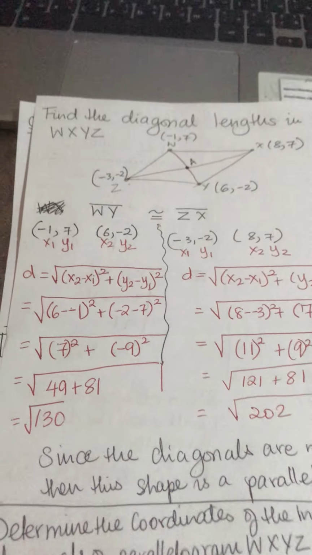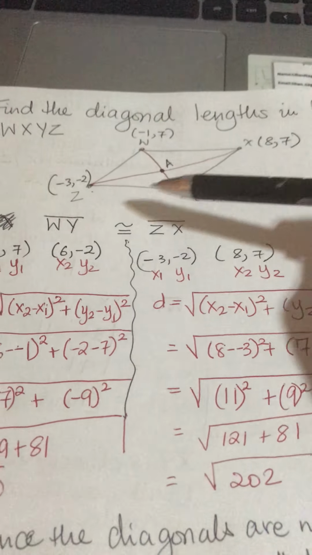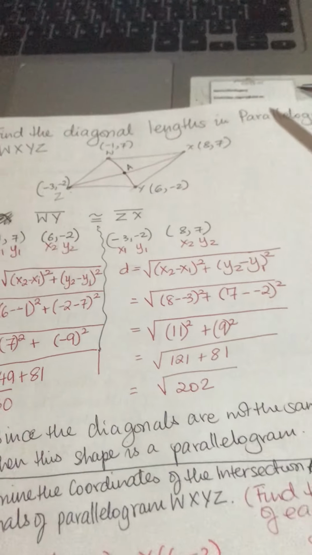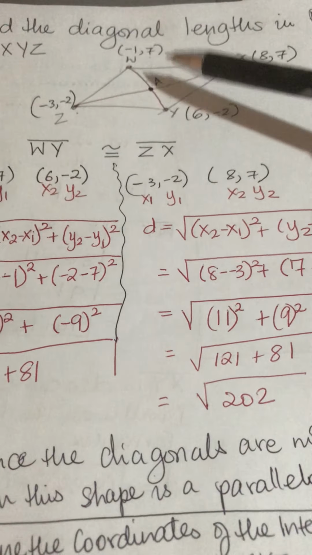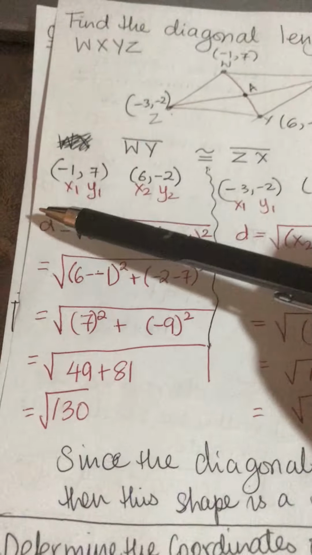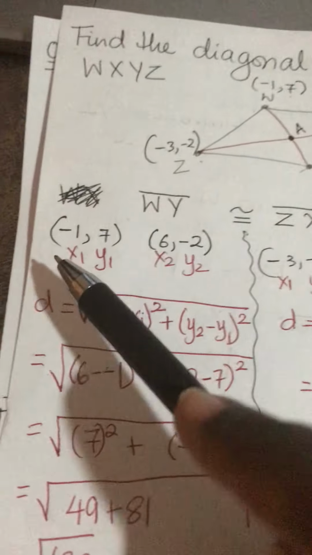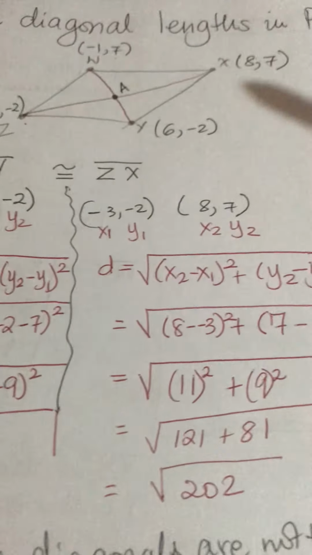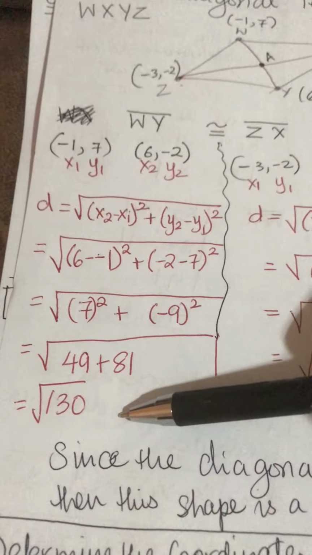Now, you do the same thing. Because they're diagonal lines, you use the distance formula. You have WY and you have ZX. So you take your 2 points and you label them x1, y1, x2, y2. The same thing here. And then you do your distance formula.